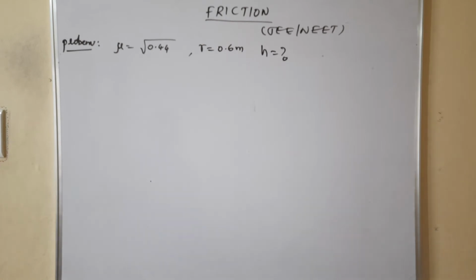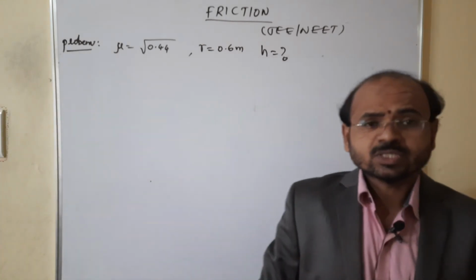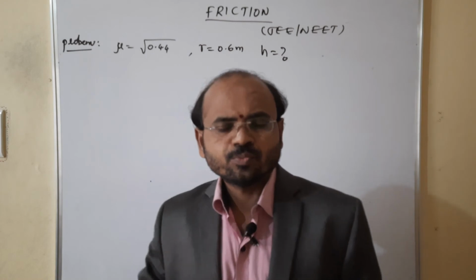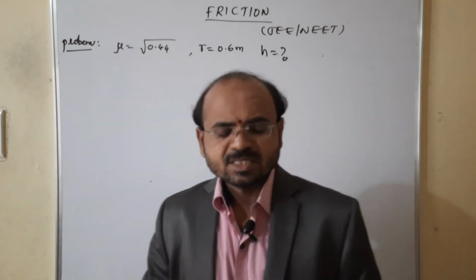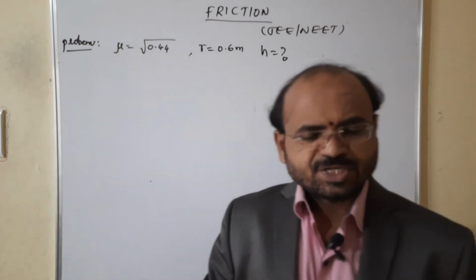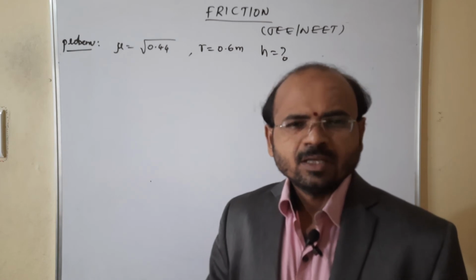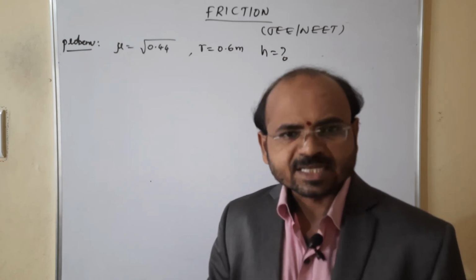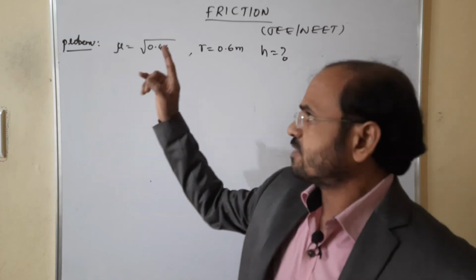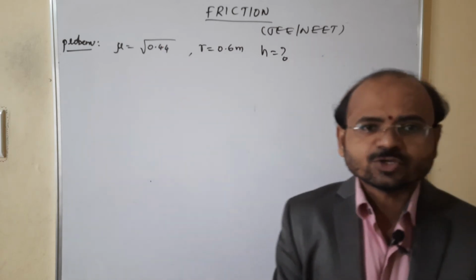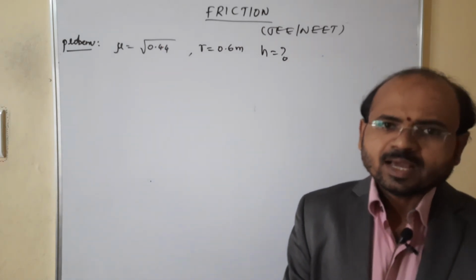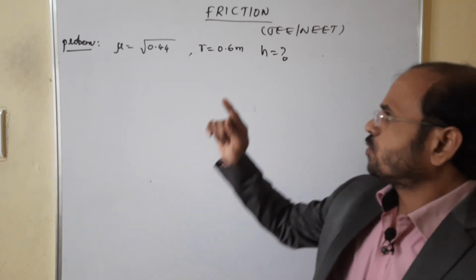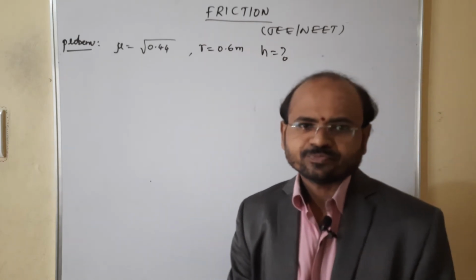Look here, one problem is given based on the hemispherical bowl. The coefficient of friction between the hemispherical bowl and the insect is given as root over 0.44, and the radius of the bowl is given as 0.6 meter.